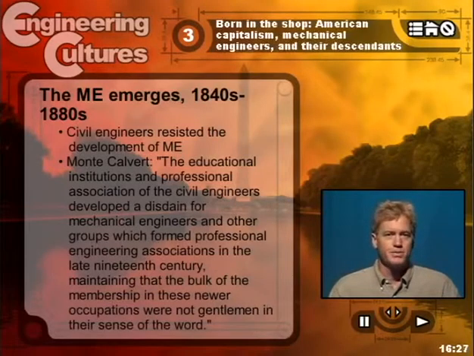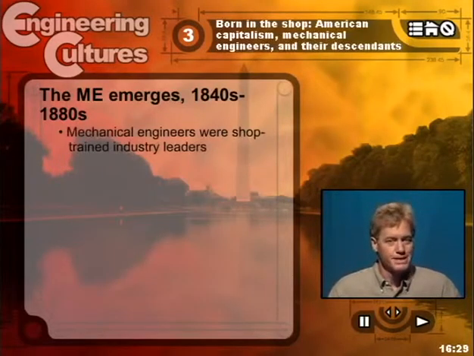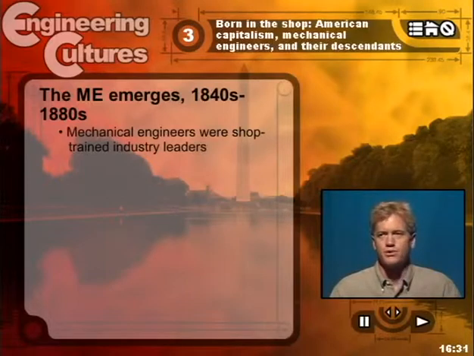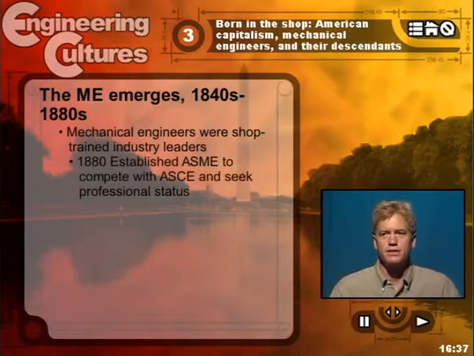The leadership in mechanical engineering then basically became the shop-trained industry workers who had risen to the top of their organizations. And they established in the 1880s the American Society for Mechanical Engineers to compete with what had been around for a couple of decades, the American Society of Civil Engineers, with the goal of seeking professional status and autonomy for themselves.